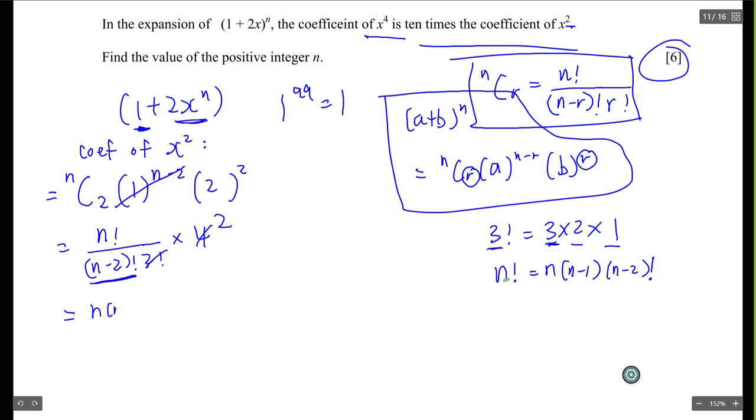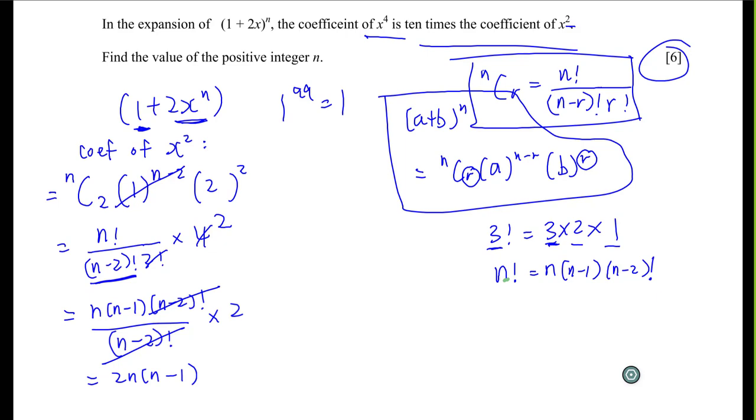So I will stop at n minus 2. I stop at (n minus 2) factorial because I can simplify it. Times 2, I will cut. So this one I have 2n(n minus 1). I'm done with my coefficient of x squared.